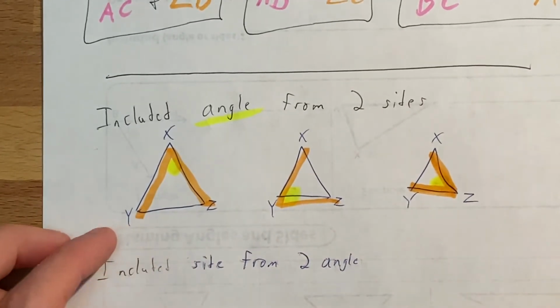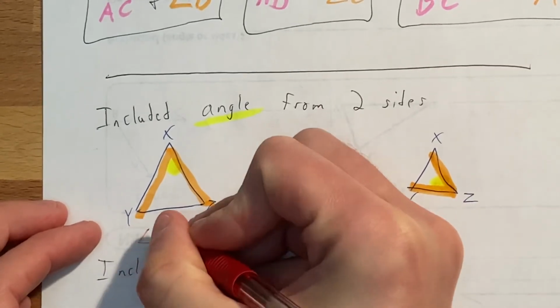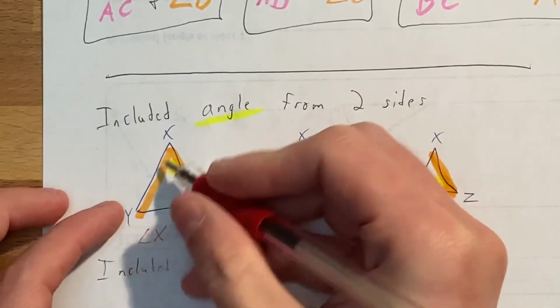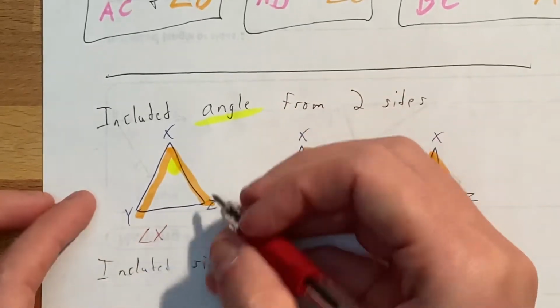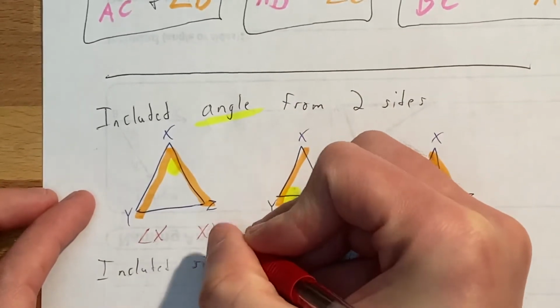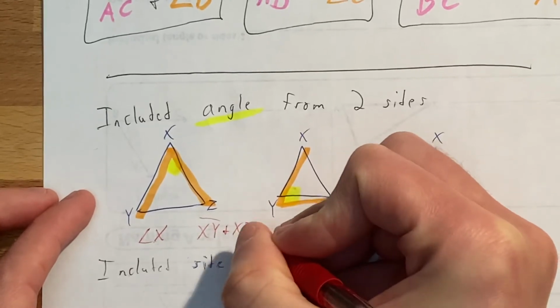So if you have angle X, that is the included angle from XY and XZ.